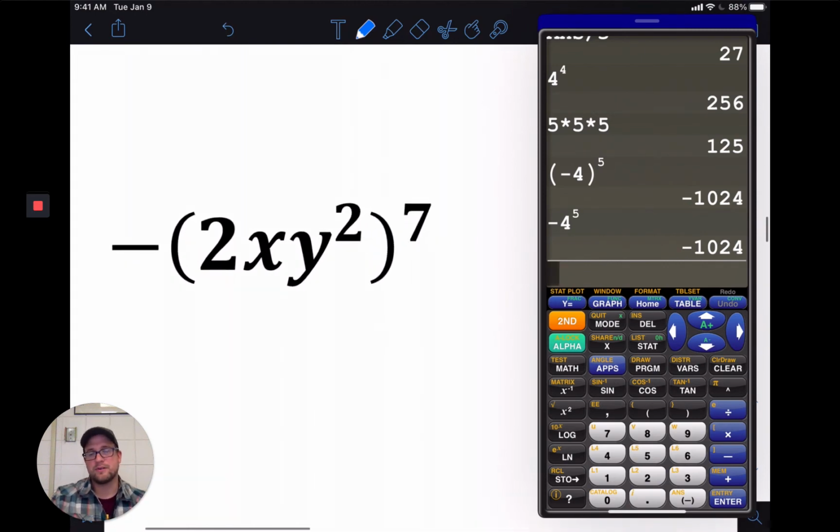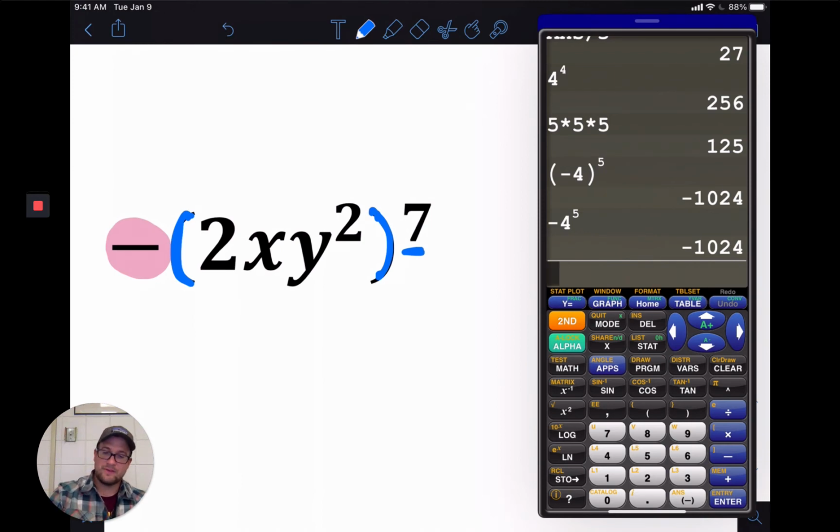Here's another one for us. Again, we see those parentheses, but notice we got this negative just sitting on the outside. Now here's what we're going to do with that negative. Since all of this is in the parentheses, that is what's being raised to the seventh, not that negative. So we're going to leave the negative for now, and we'll deal with it at the end.